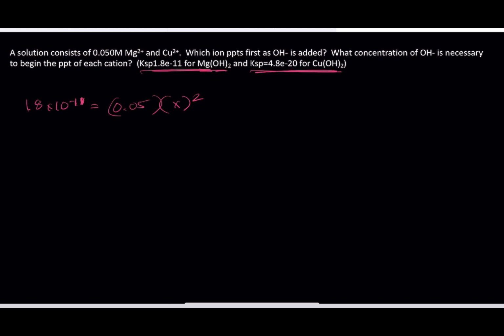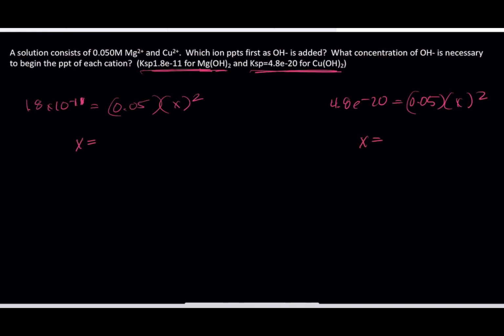And note here again, the hydroxide is not necessarily going to be twice that of magnesium, because it's not coming from magnesium hydroxide. Over here, we would set up 4.8 E negative 20 is equal to 0.05 times X squared, and we would solve for our respective X's.